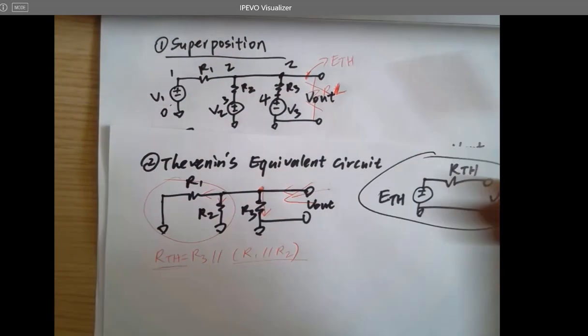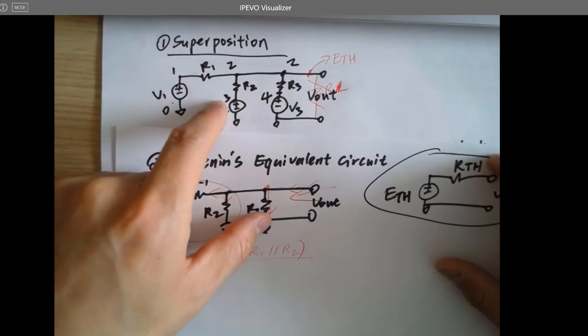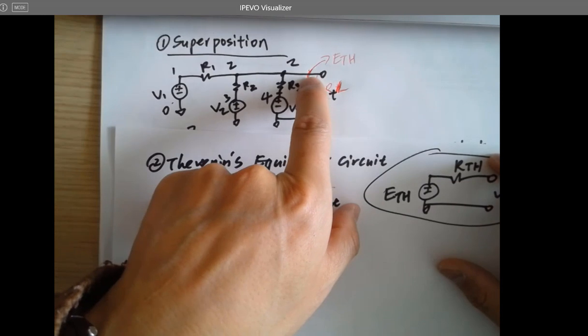So what is VL? We can calculate it from the superposition method. Whenever you are doing this, you don't have to use superposition. You can use whatever you want, like the mesh current method. Just calculate VL, and VL will be ETH.